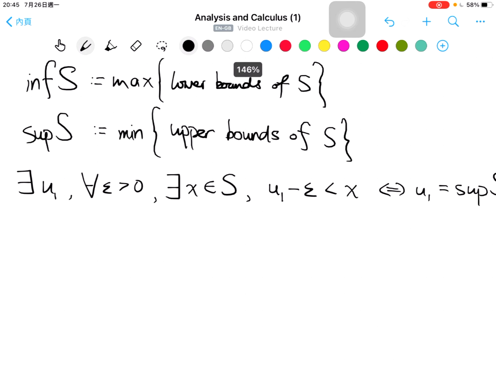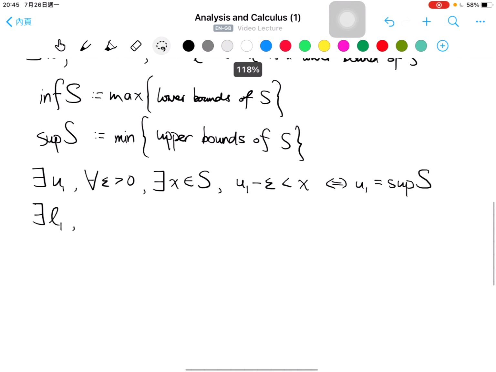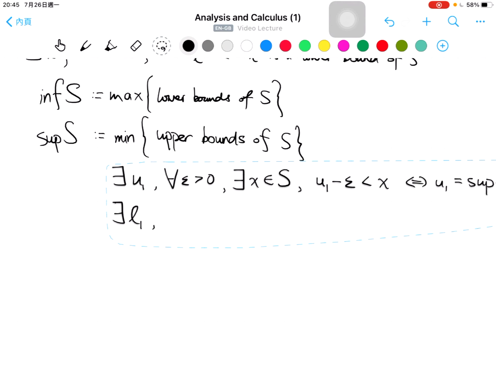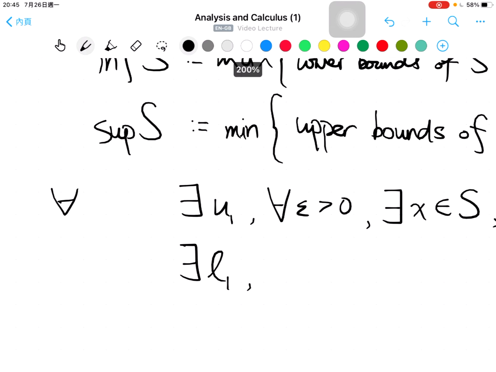So similarly, we can define the infimum as well. If we have a lower bound L1, oh wait, I should strengthen this.